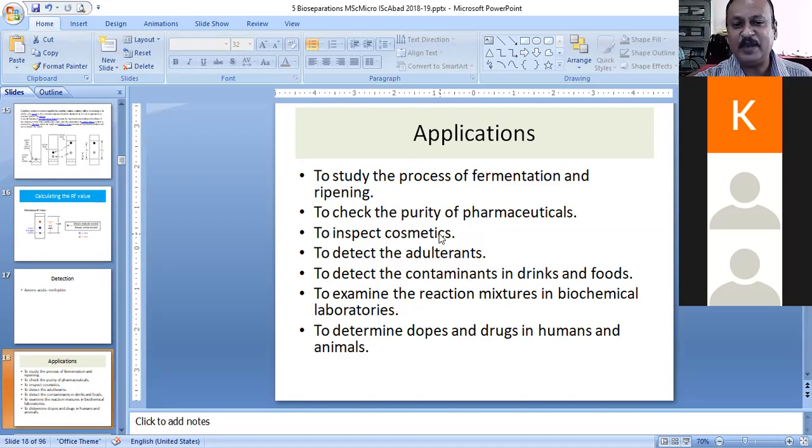We can inspect different types of cosmetics, whether they are of good quality or not. We can detect the adulterants in the food. What are adulterants?